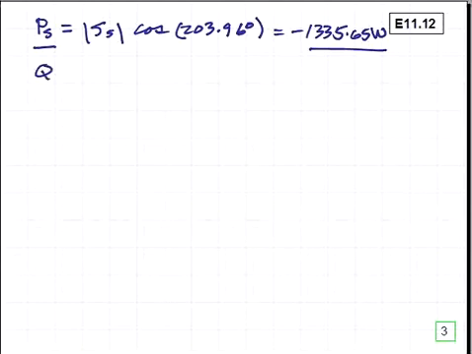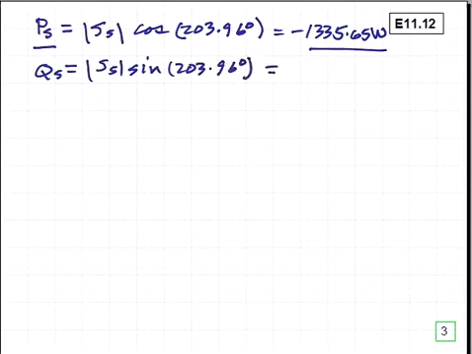And then similarly, we'll calculate the quadrature or reactive power as this magnitude again times the sine of the 203.96 degrees. And that's equal to minus 593.55 volt amperes reactive.